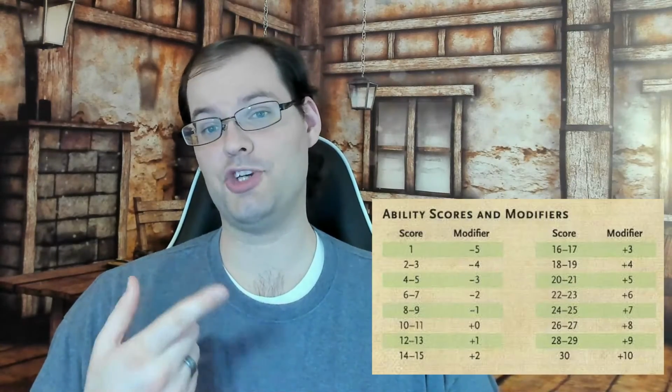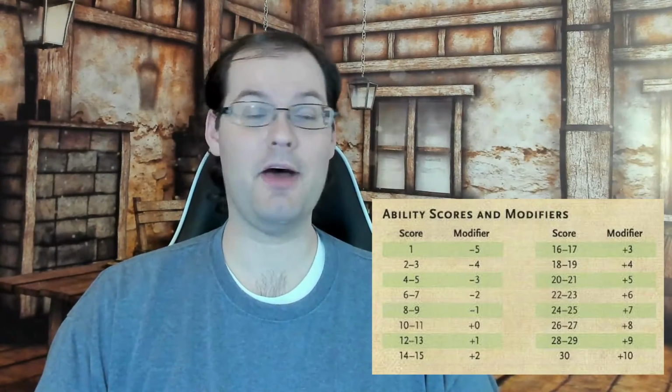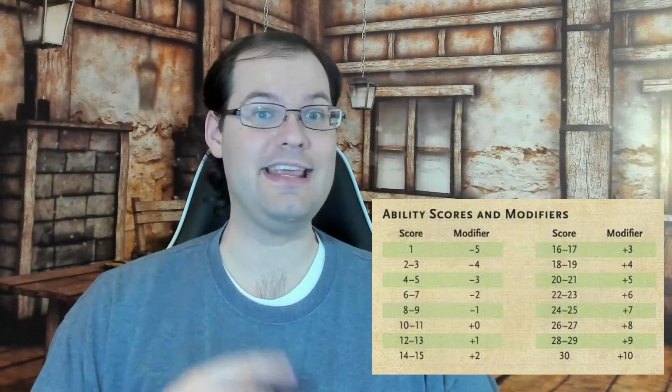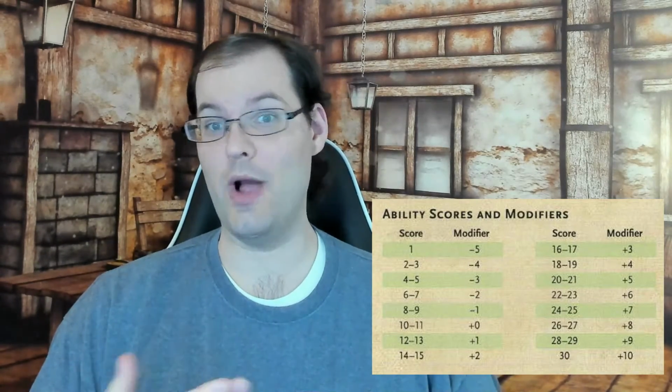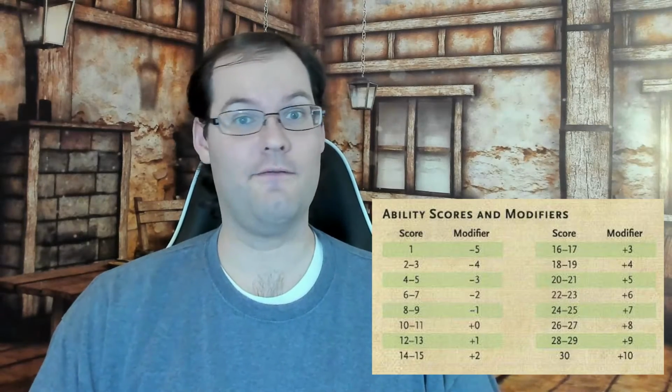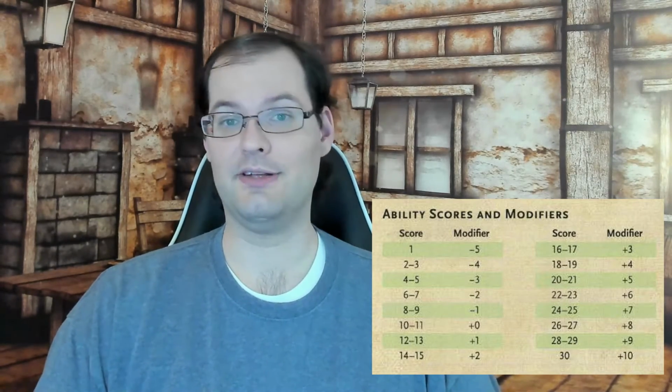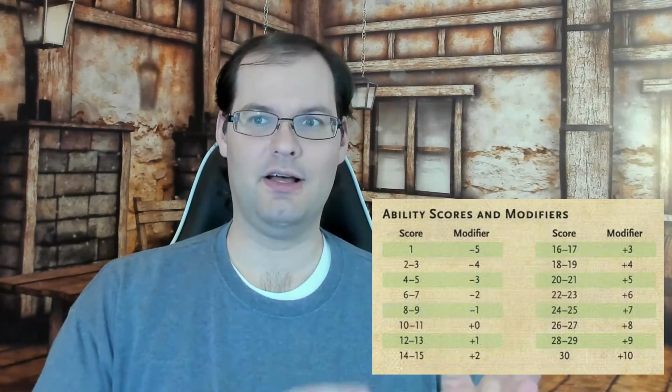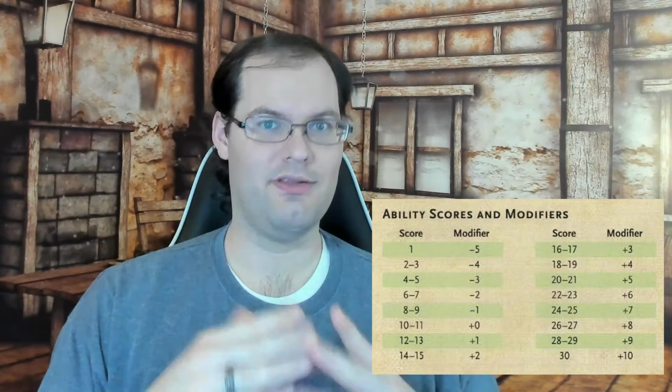Switching gears again, I did promise that I would give a couple tips on how to calculate your modifiers on the fly. If you look at the chart again, you may notice that the modifier only goes up on every even ability score. So 10 is 0, 12 is +1, 14 is +2, etc. So you can either do the math and say score minus 10, divided by 2, that's your modifier.